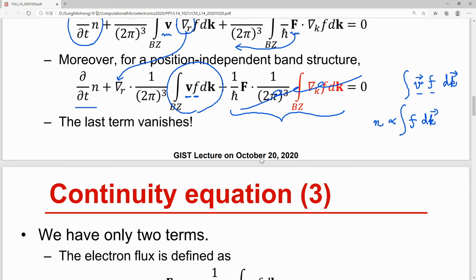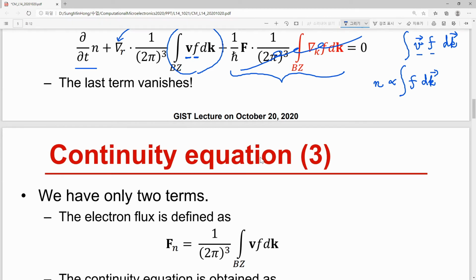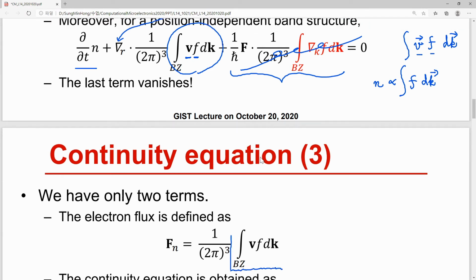So then what is it? Can we find any information about this quantity? Right now we have no idea. So our strategy is, okay, we cannot find any information about this integral, so just define it as electron flux.